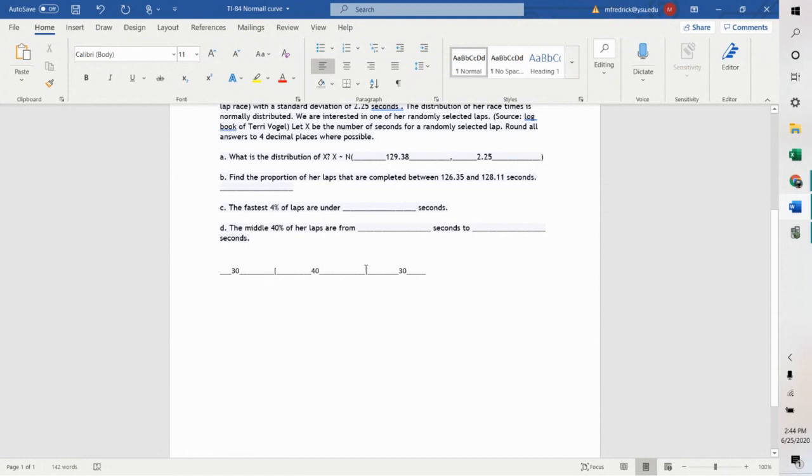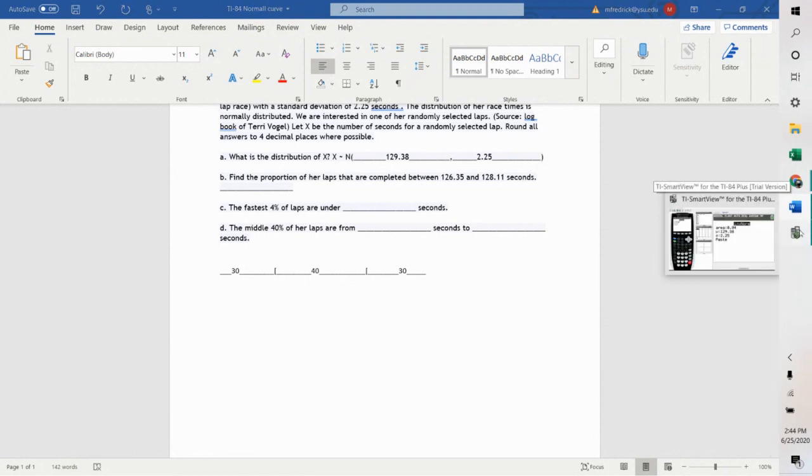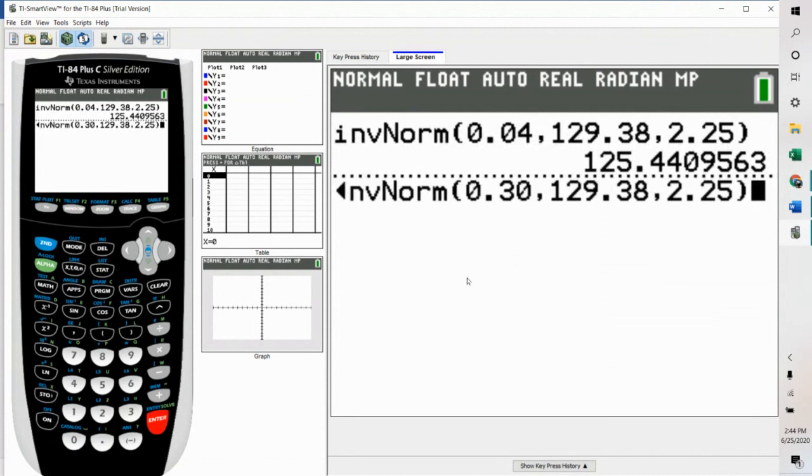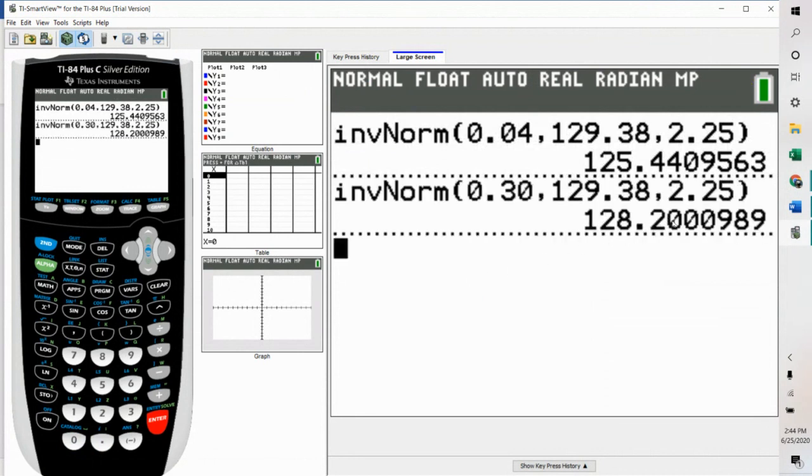And then to find this value, the percent below it is 70%. So you're using the percentile, the percent below it. So that means to find the lower value, we would use 30%. And we have the mean and the standard deviation already there. Hit enter, and you get the 128.2.